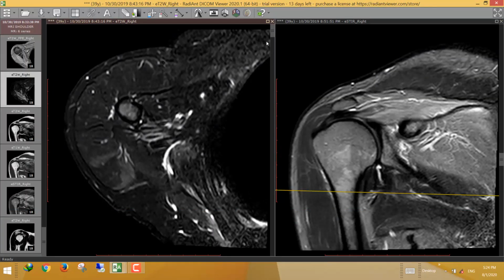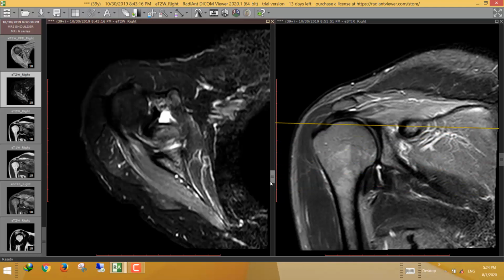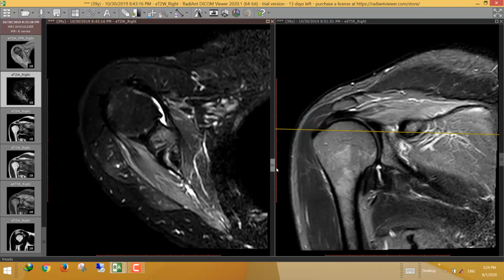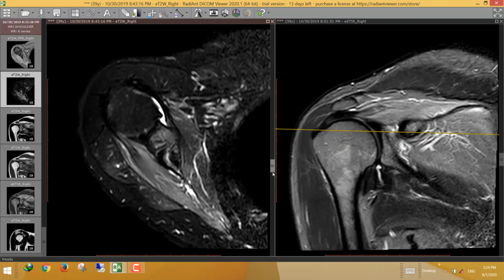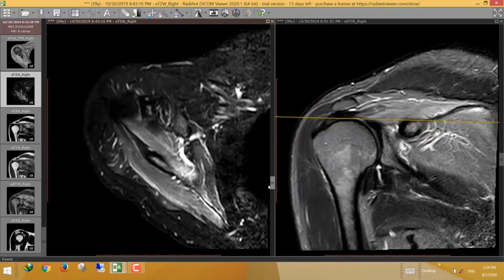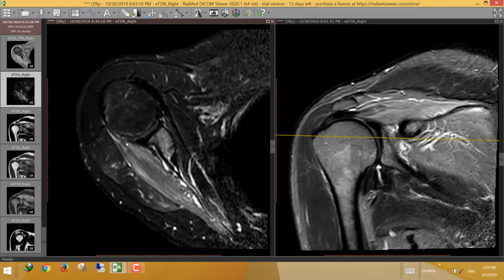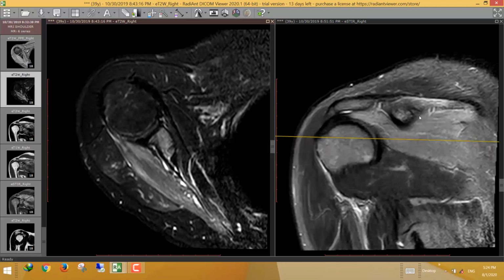Last case here is also an MRI shoulder for a 39 years old patient who came with pain and loss of range of motion of the shoulder joint. We can see here a diffuse edema pattern involving the supraspinatus muscle here and the infraspinatus muscle here.